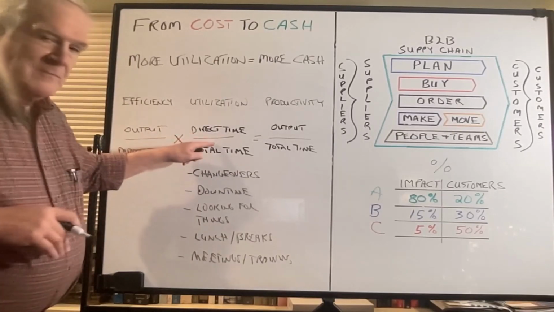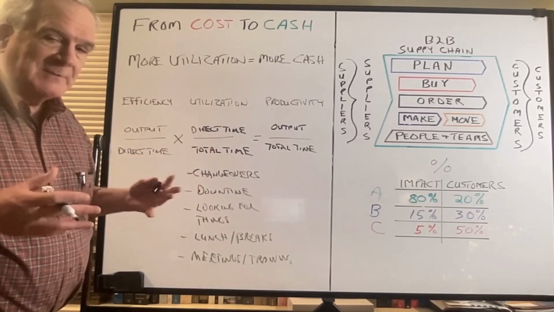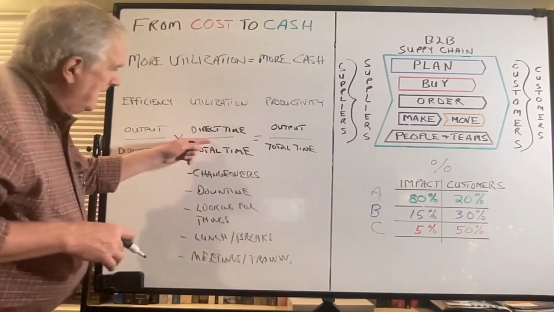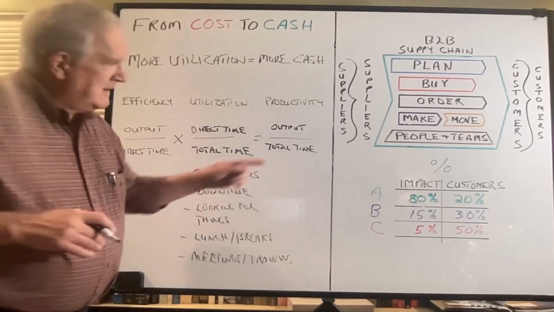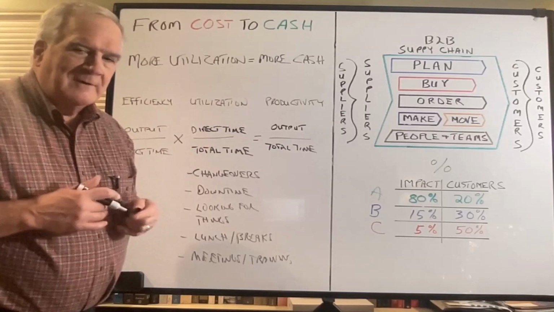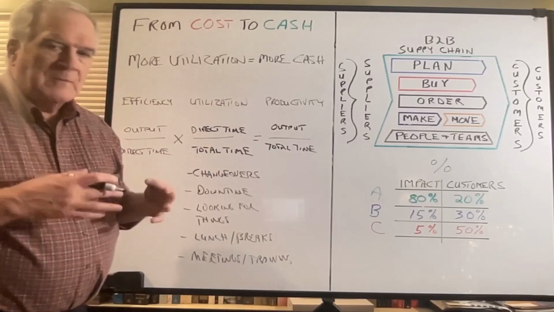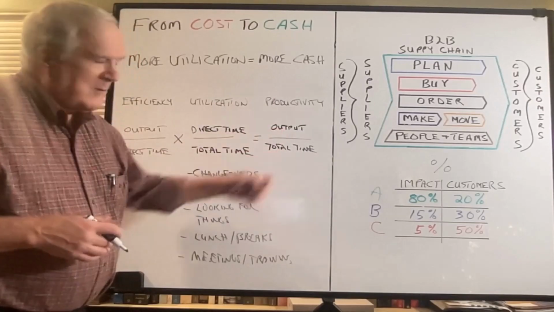Oftentimes there's a lot more room for improvement here, like going from 65 to 70% utilization up to 80, 85, or 90%. That's going to be a huge gain in productivity here. Almost a percent per point of improvement. And a lot more throughput, a lot less cost per unit, a lot more output for our total time.